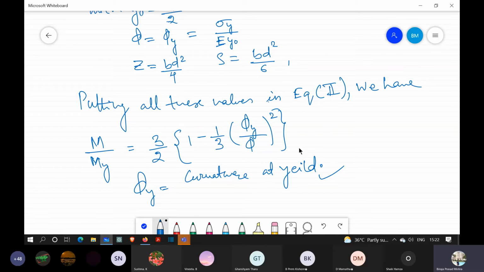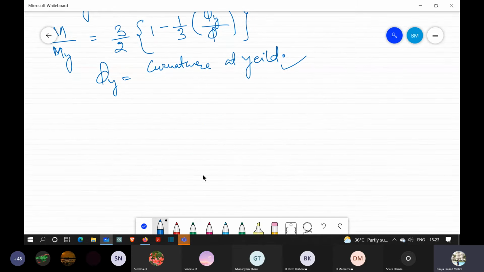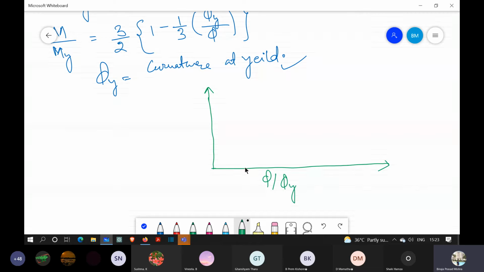If you plot this graphically, with phi by phi y in this direction and M by My in this direction, there will be zones.